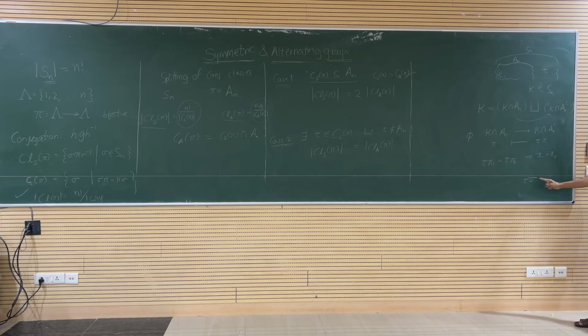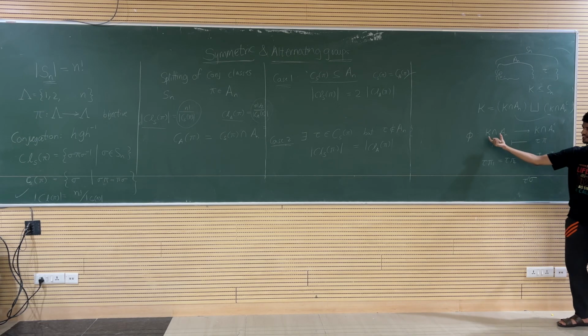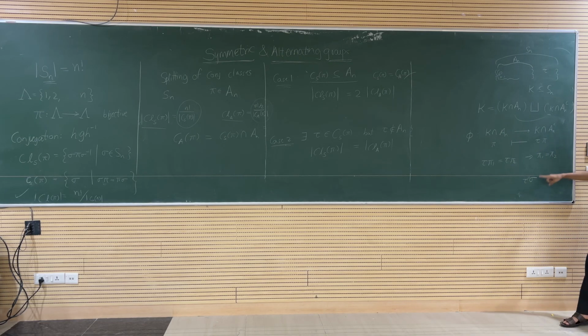So tau inverse sigma is an even permutation. Why is it even? Tau inverse is odd, sigma is odd, I took it from here. So the product is even. So that's an element here which is sent to sigma itself. So it is surjective, it is injective. What does it prove? This is a bijection. So the number of elements here is exactly the same as the number of elements here.